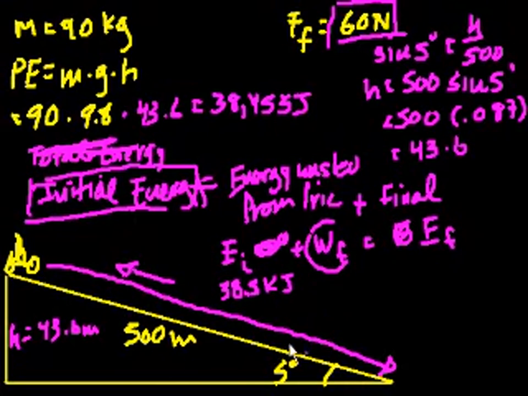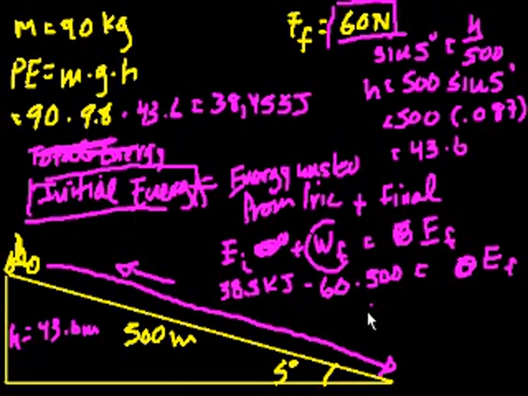Well, it's 500 meters, and for the entire 500 meters, it's always pushing back on the rider with a force of 60 newtons. So force times distance, so it's minus 60 newtons, because it's going in the opposite direction of the motion, times 500. And this is going to equal the final energy, right?